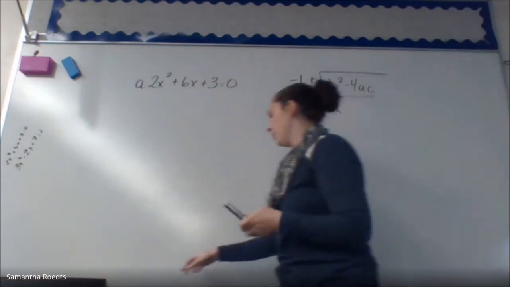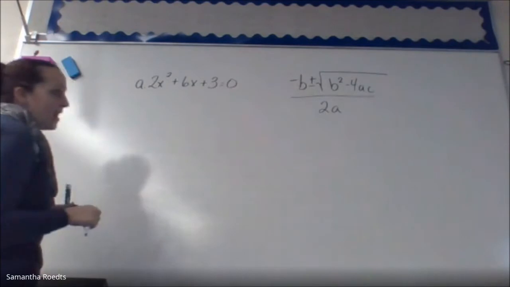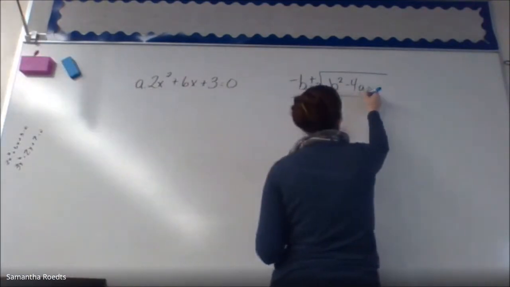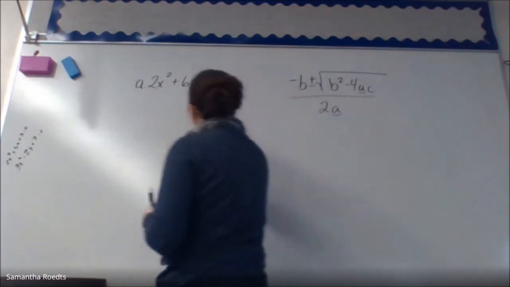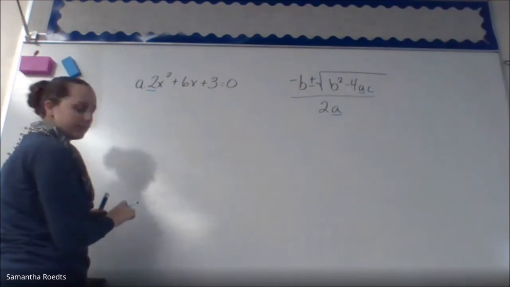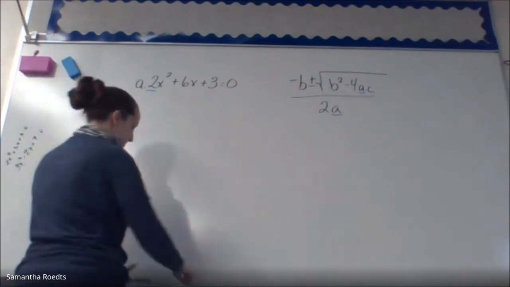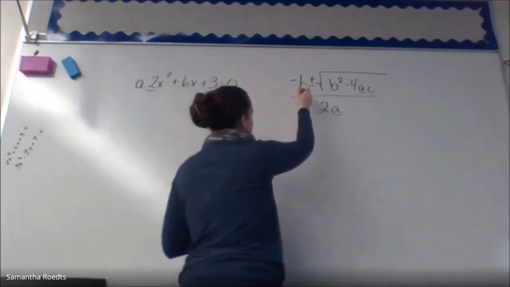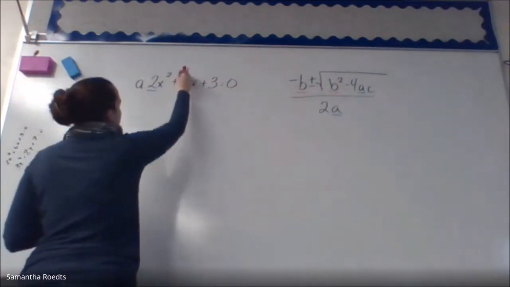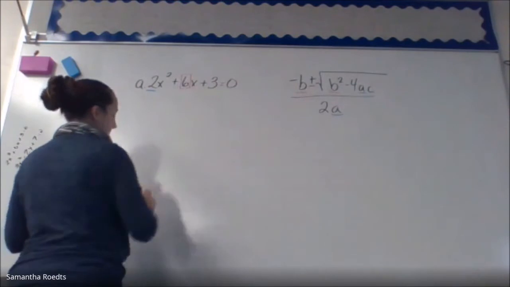Okay, so what I'm going to do first is identify my a value, my b value, and my c value. So my a values I'm going to do in blue. So my a value is 2. My b value is 6.